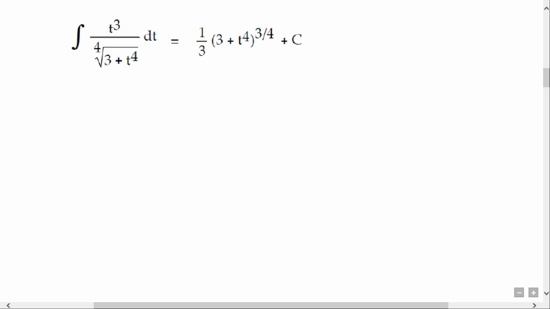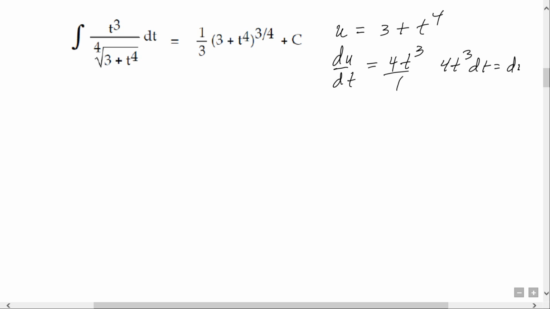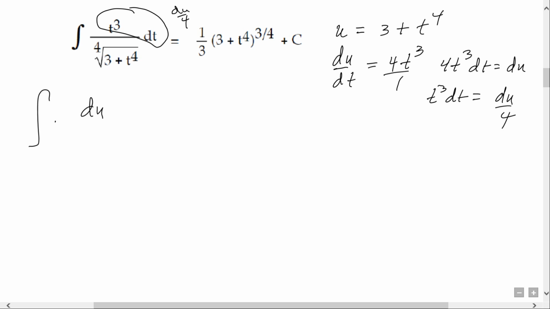In this particular problem, we want to let u equal 3 plus t to the fourth. du dt equals 4t cubed, and we get that 4t cubed dt equals du, and so t cubed dt equals du over 4. And so the integral becomes du over 4.